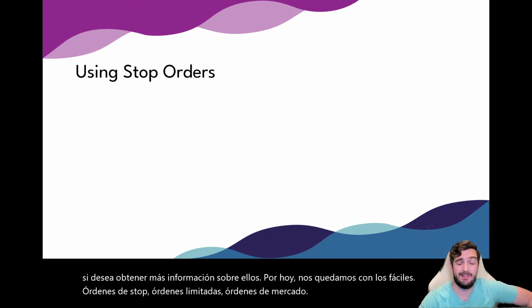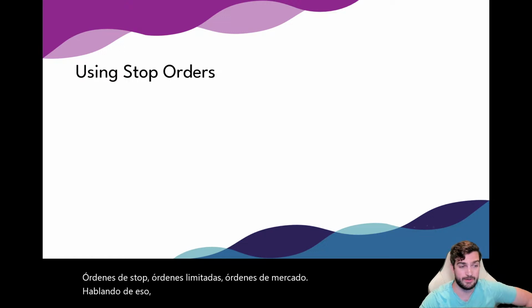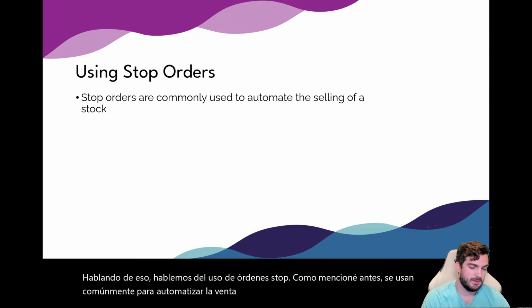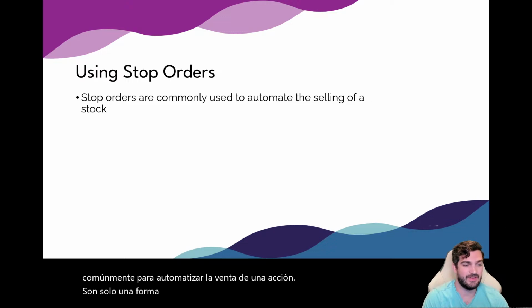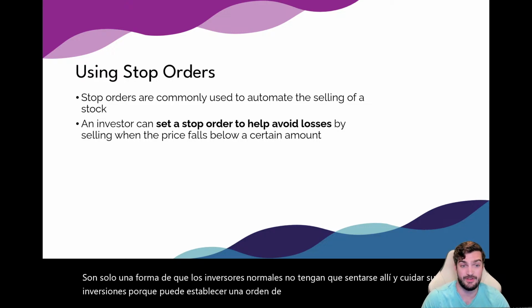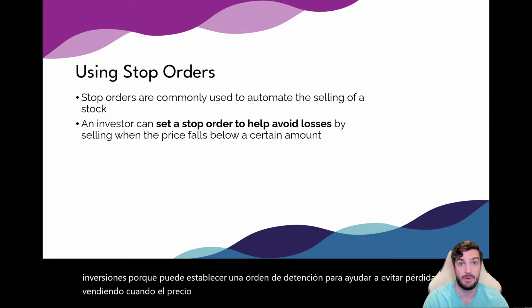Speaking of, let's talk about using stop orders. Like I mentioned before, they are commonly used to automate selling of a stock. They are just a way of normal investors not having to sit there and babysit their investments, because you can set a stop order to help avoid losses by selling when the price is going down below whatever we're comfortable with.